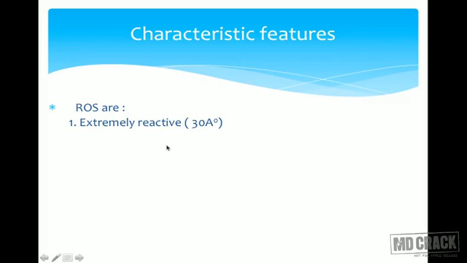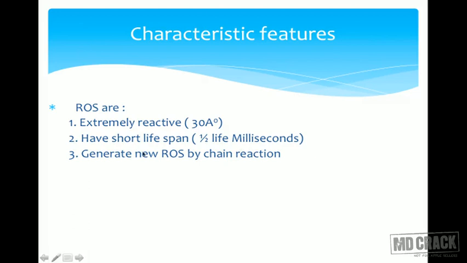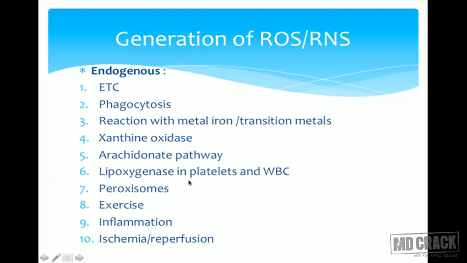Within a 30 Angstrom diameter of the formation of reactive oxygen species, it can react with anything and everything. Lifespan is very short. Within milliseconds or nanoseconds, they are completely neutralized. They generate new reactive species by chain reaction and they cause damage to the tissues. These are the characteristic features.